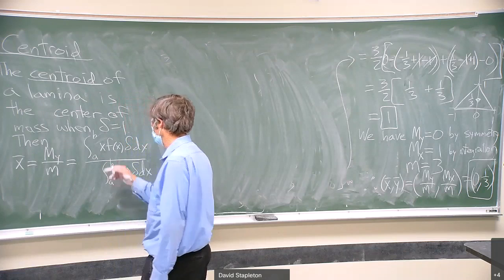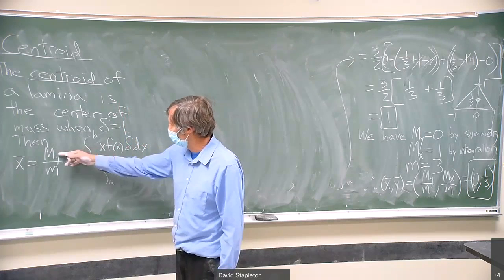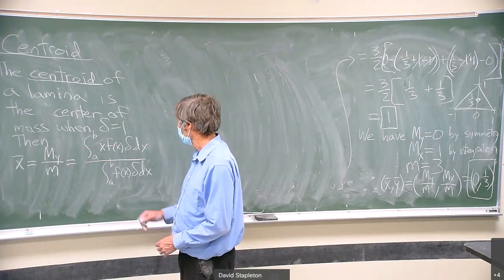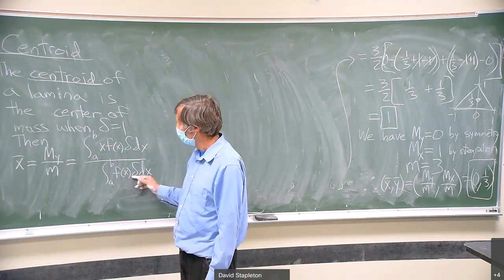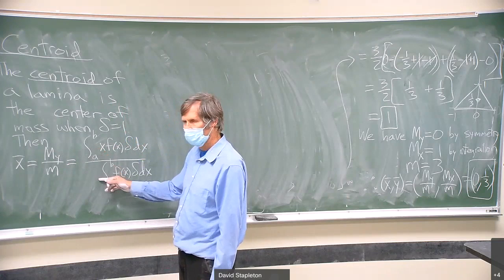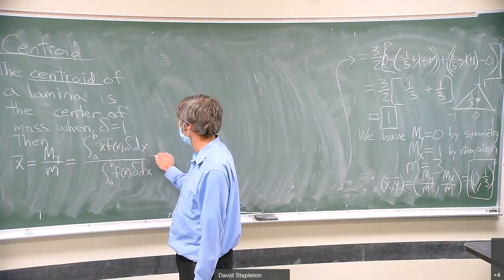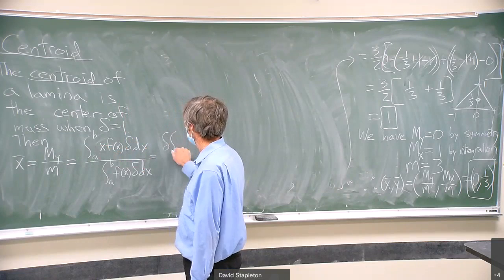Remember this formula? This was the top, this was the bottom. We called this one my, we called this one the mass m. But if delta is a constant, guess what? We can pull delta out of each integral and cancel them, right? I can just take delta out front here and delta out front here.